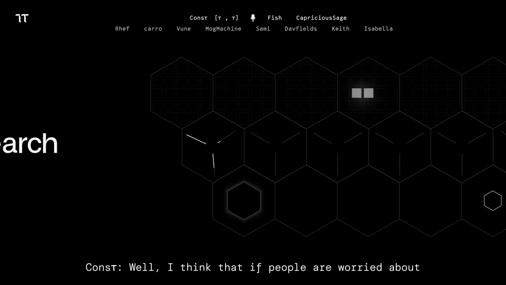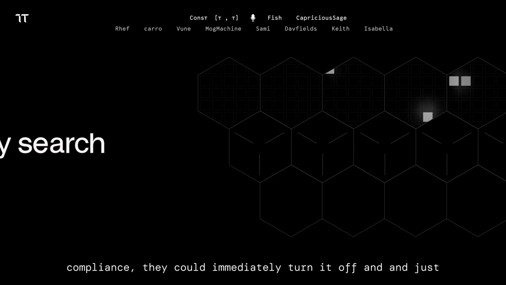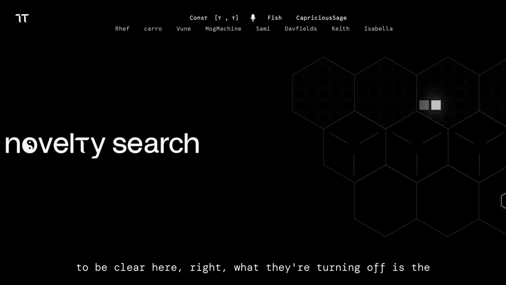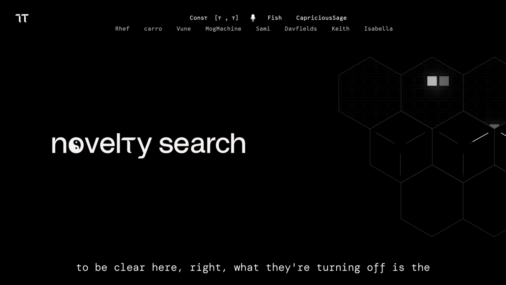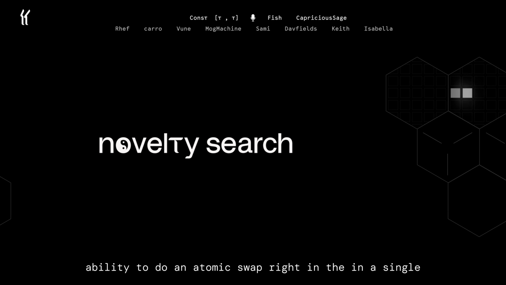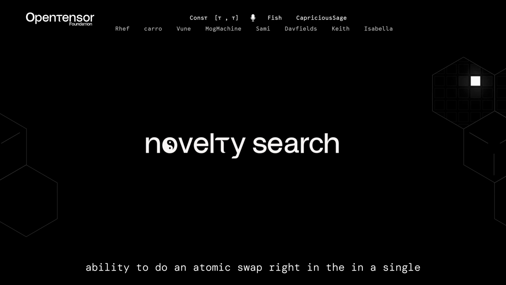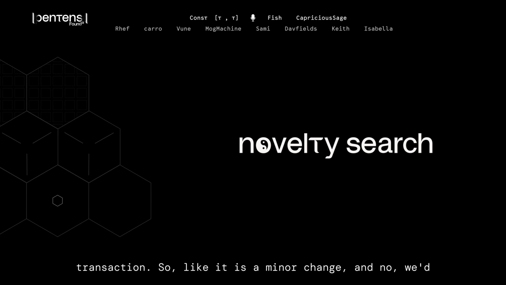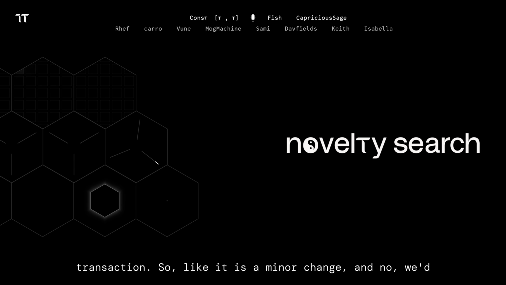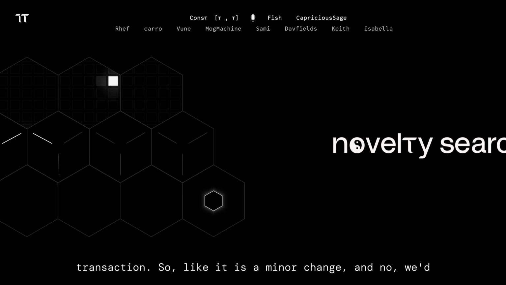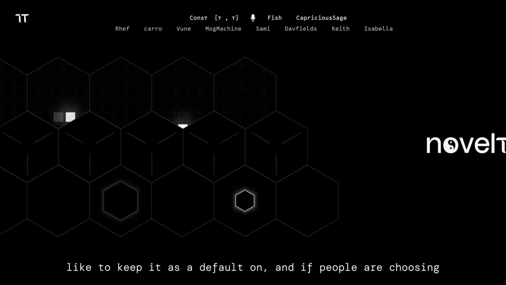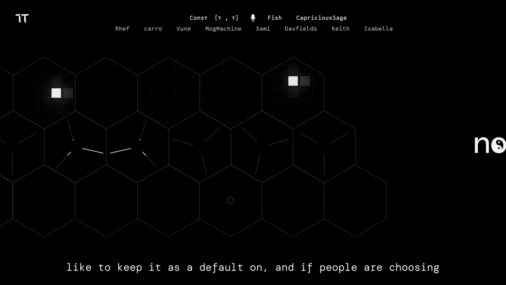Well, I think that if people are worried about compliance, they could immediately turn it off. And just to be clear here, right? What they're turning off is the ability to do an atomic swap in a single transaction. So it is a minor change, and no, we'd like to keep it as a default on.